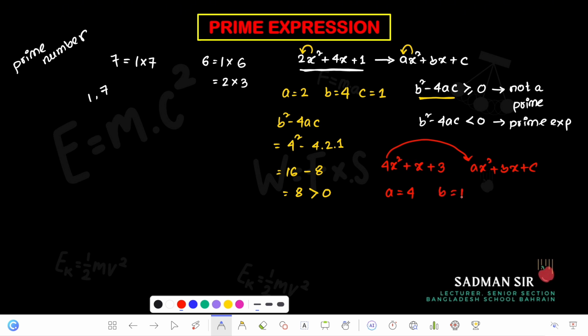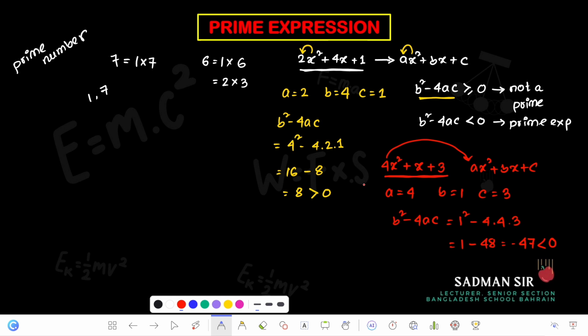So b will be equal to 1 and c is equal to 3. Now we have to calculate b squared minus 4ac. So 1 squared minus 4 into 4 into 3. So 1 minus 48. You see we are getting negative 47, which is less than 0. So we can say that 4x squared plus x plus 3, the expression which was given to us, is a prime expression. I hope it is clear.